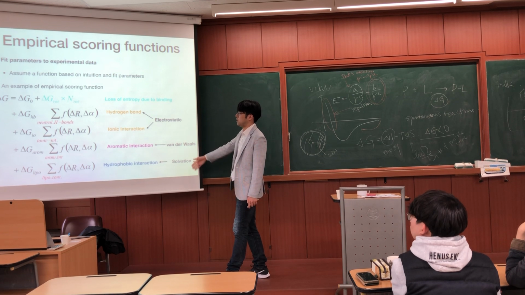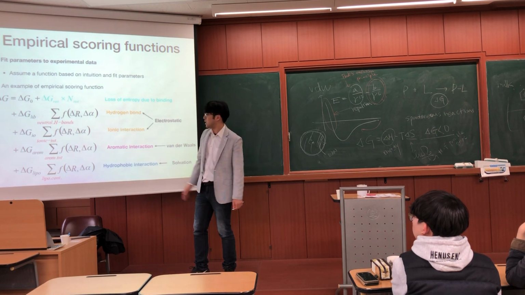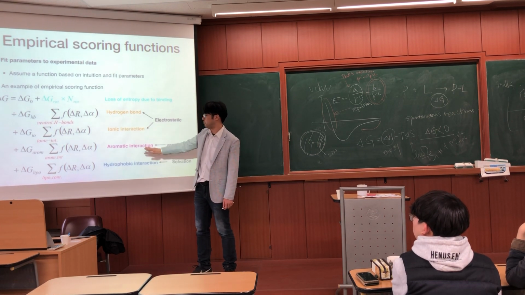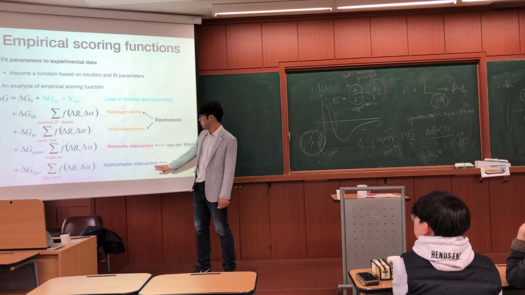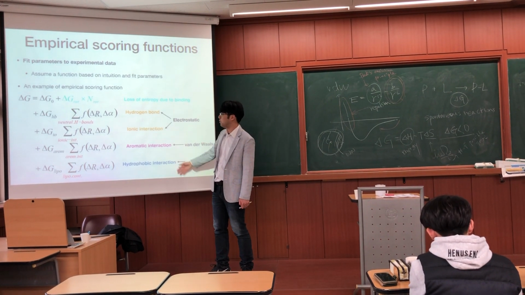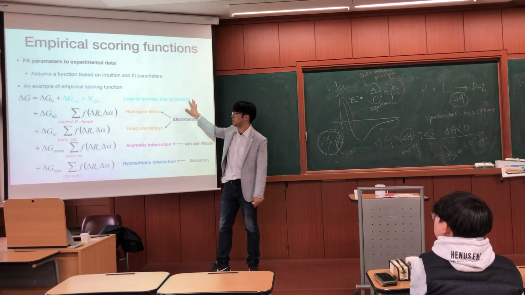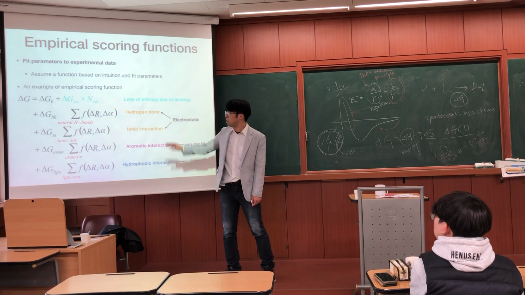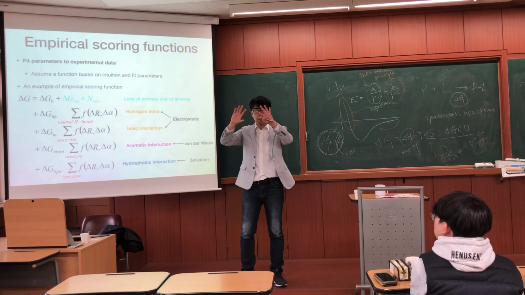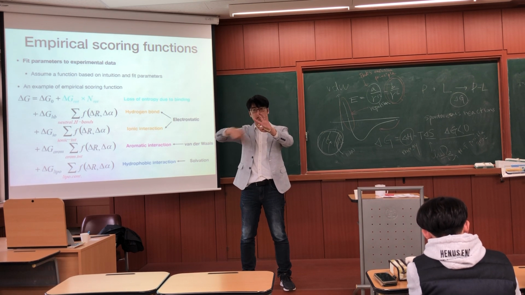Here, the authors decided that we're going to consider only hydrogen bonds, ionic interactions, interactions between aromatic groups, and hydrophobic interactions, and also loss of entropy due to binding. These five terms. The loss of entropy means that when the ligand is solvated in water, it can freely rotate, right?